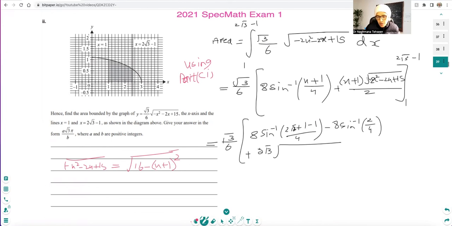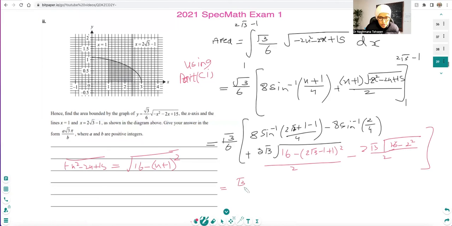It's only because I wanted to do this substitution so that I can easily work that number out. So that would be 16 minus 2 root 3 minus 1 plus 1 squared over 2, and then minus 2 root 3 and square root of 16 minus 1 plus 1 is 2 squared over 2. So now let's see what we get.